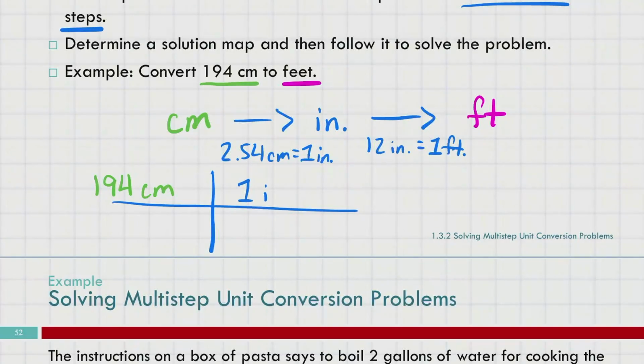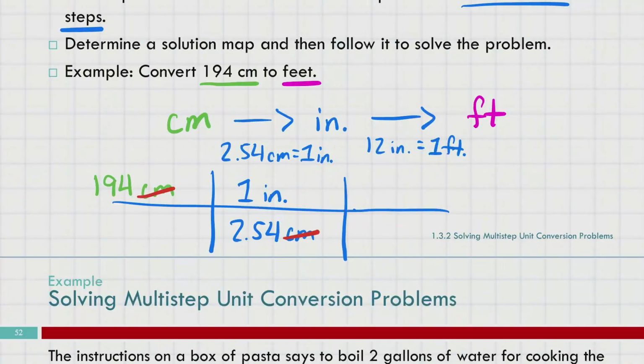So the 1 inch part goes on top, and the 2.54 centimeters part is going to go on the bottom. We do this so that our centimeters cancel out. So we followed our first step. We used one conversion factor, took care of this one arrow, and we've got our second step.